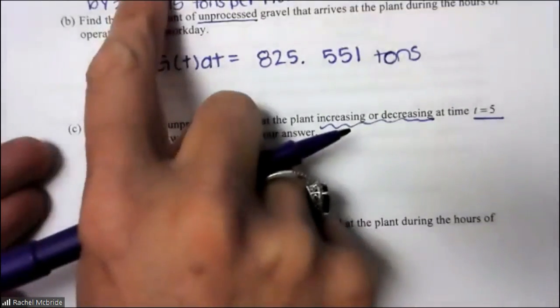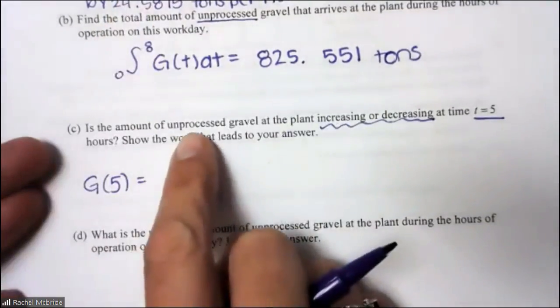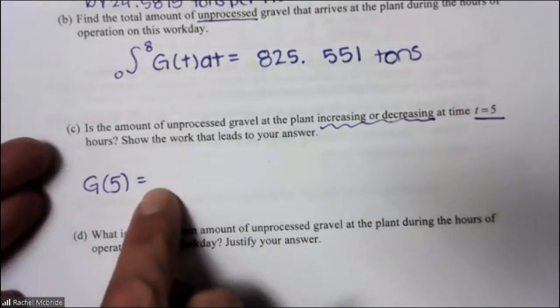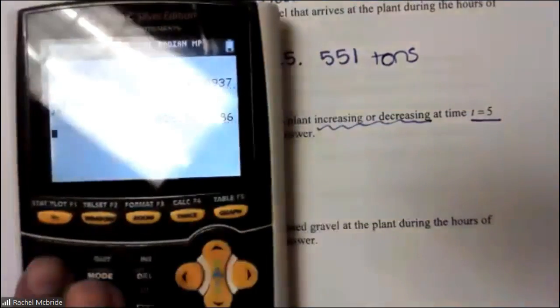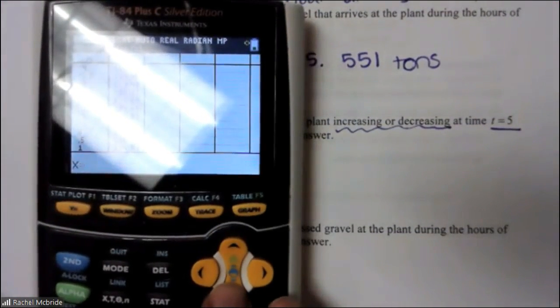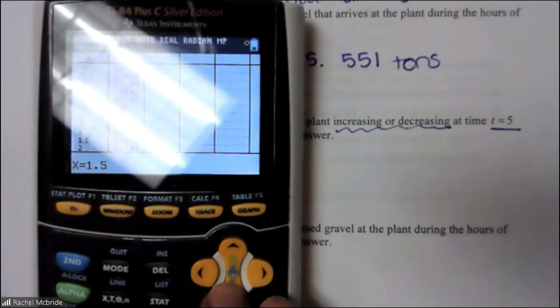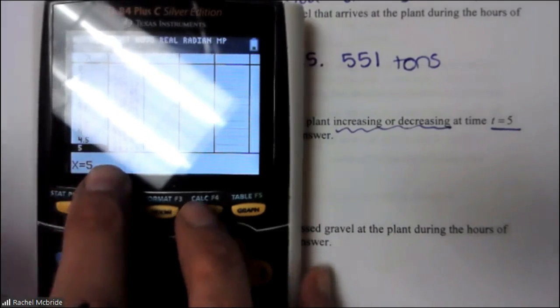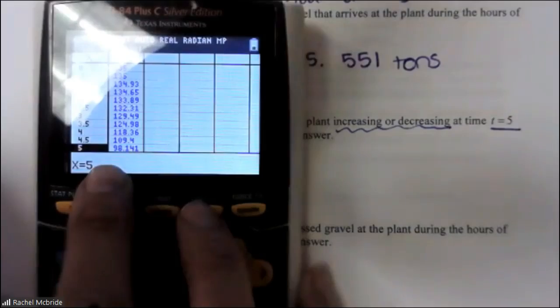Because again, remember, we're trying to find out if it's increasing or decreasing. So if I look at that function at 5, I'm just going to go to my table. If you're an ask, you could just type in 5. I get 98.141.